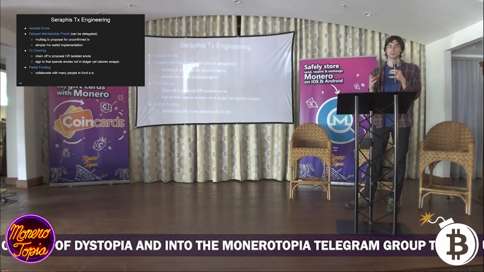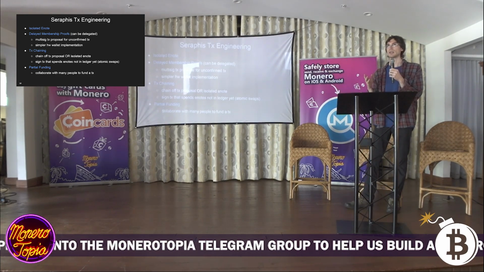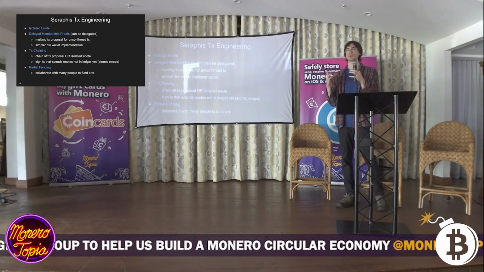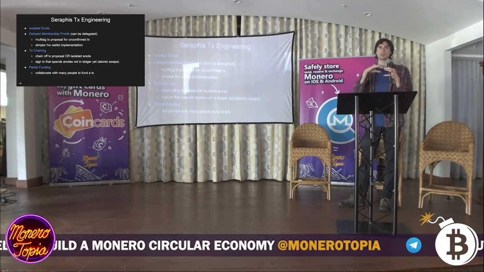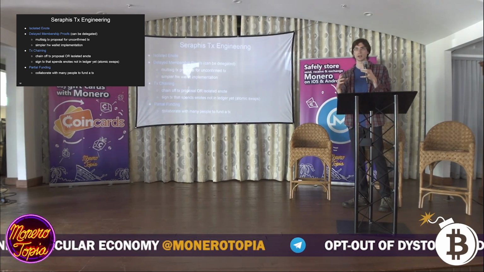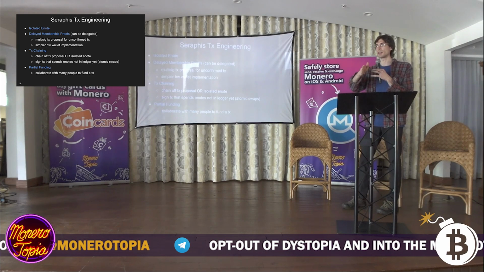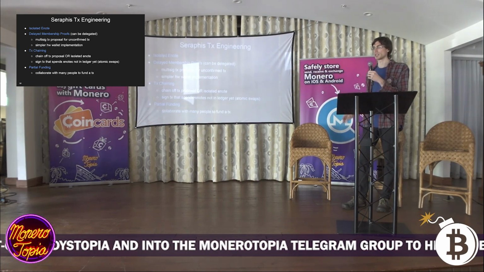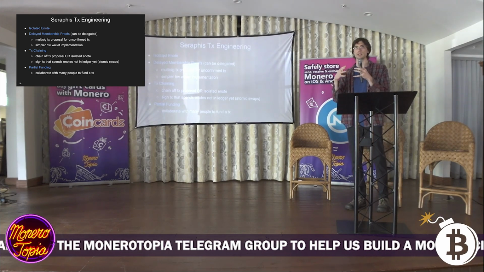So one thing, with ring CT, everything is tightly coupled together. All the pieces are coupled together. If you want to specify the outlays of a transaction, all the outputs of the transaction, you have to do it all together at the same time.